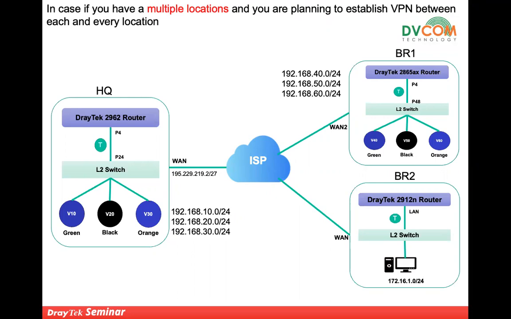If it is 2 or 3 locations, it's easy for me. Let's say your customer has 10 locations and is planning to establish VPN connections between each branch and the head office, then how many VPN tunnels do they need to configure, guys? It's very difficult. And also, if you want to do communication between branch 1 and branch 2, you cannot do it. That's also one more challenge for you.